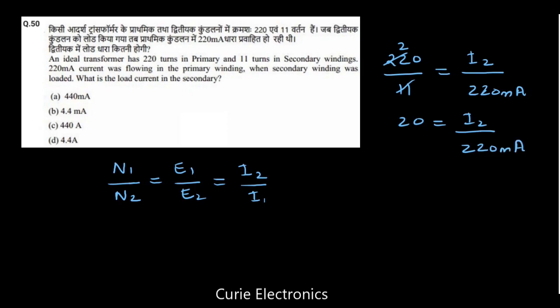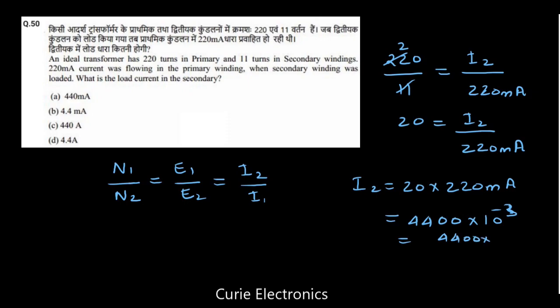Now how do you solve it? Cross multiply it. So I2 equals 20 multiplied by 220 milliamps. If you multiply 22 into 2, 44 multiplied by 2 zeros. Instead of milliamps, what can you write? 10 to the power minus 3. If you see 10 to the power minus 3, how can we write?